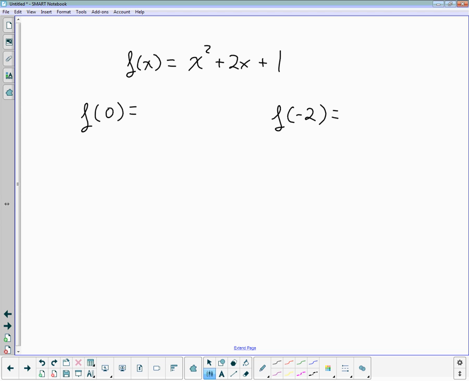And every time you see an x, you're going to replace it with a negative 2. Yep, plug and chug, man. So, plug in that 0. Use parentheses. You're going to use a calculator.